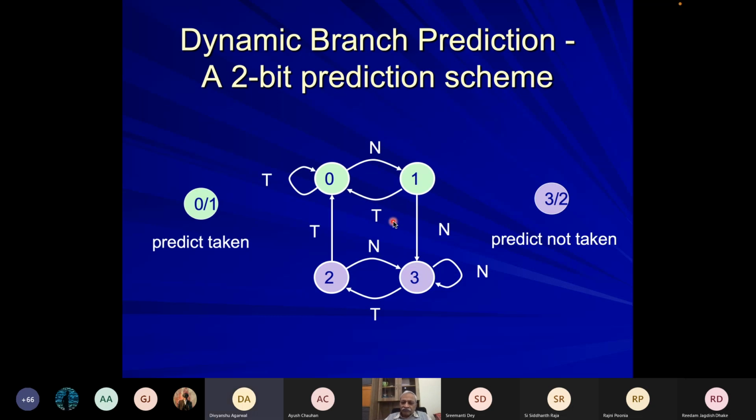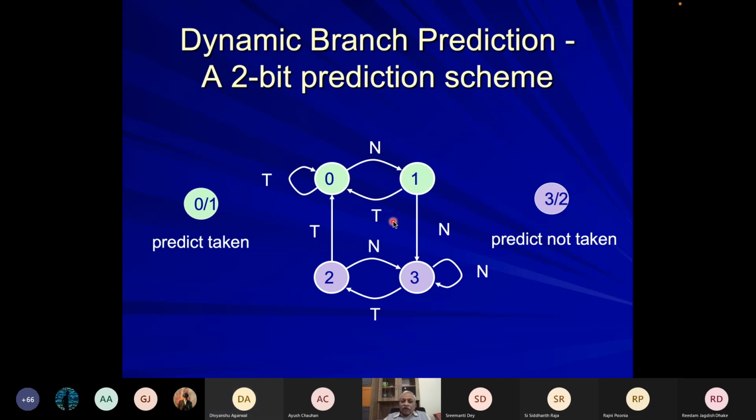Sir, the 0 or 1 states, they tell us to take a branch, right? Yeah. Then initially they would predict correctly for the loop condition because for the first 10 times you are looping. You said the other way around, that if you are in 0 or 1, we would predict wrong for starting.